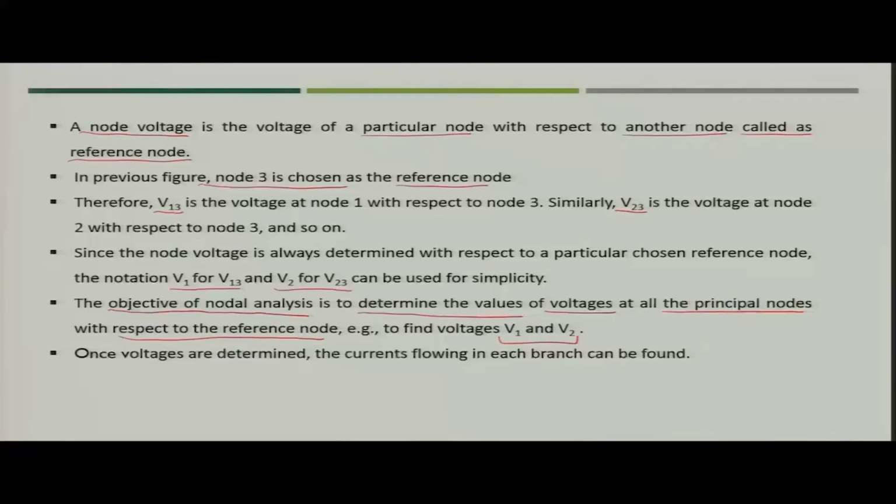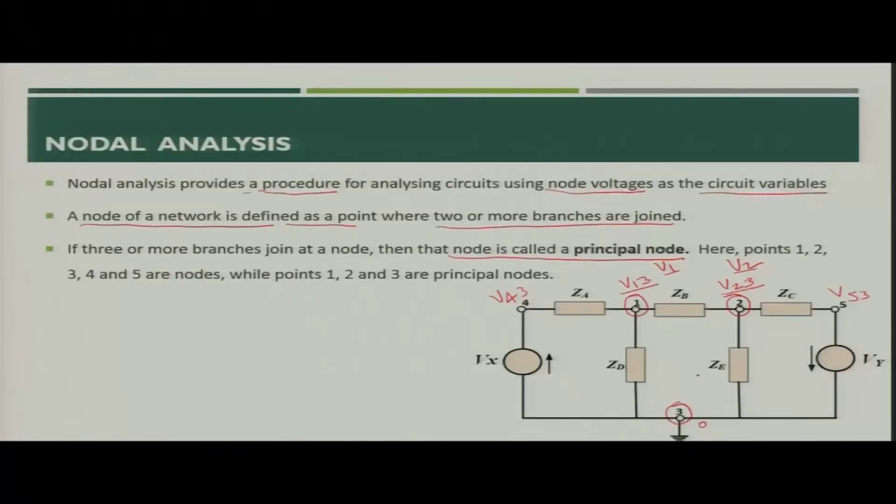When we get these values V1 and V2, we can determine the currents flowing in each branch.